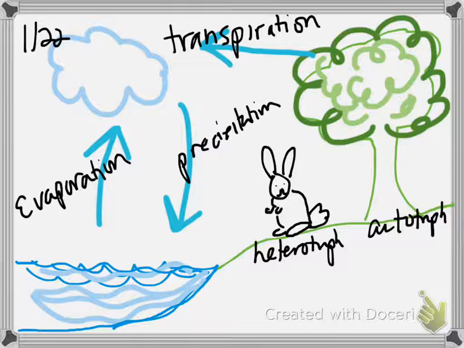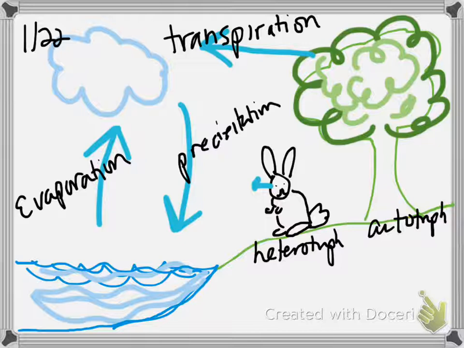So heterotrophs also put water back out into the environment. It's a much smaller amount, notice how tiny that line is? I should make it even smaller. It's a tiny little amount, okay? But they do, it's less important. Their cellular respiratory processes produce some water as waste, and they breathe out some of that as vapor.